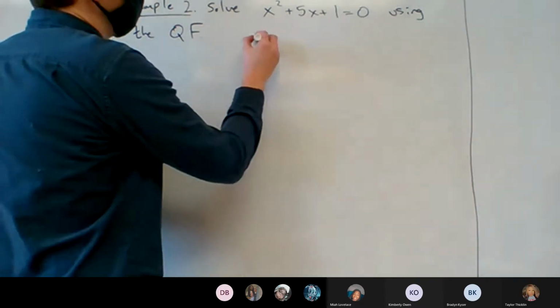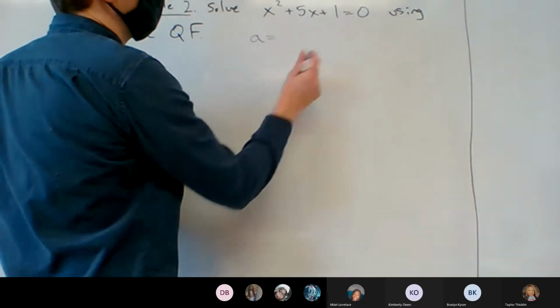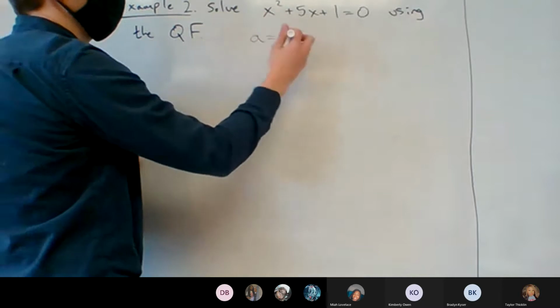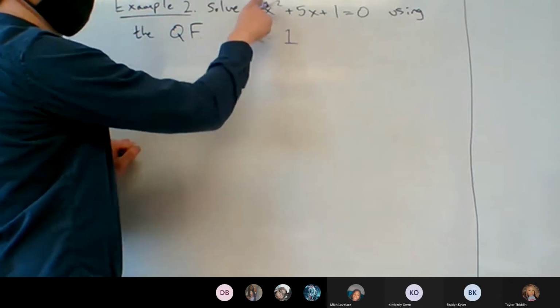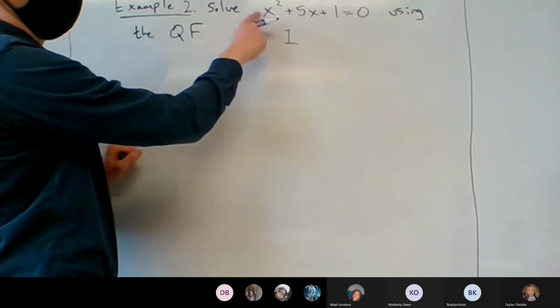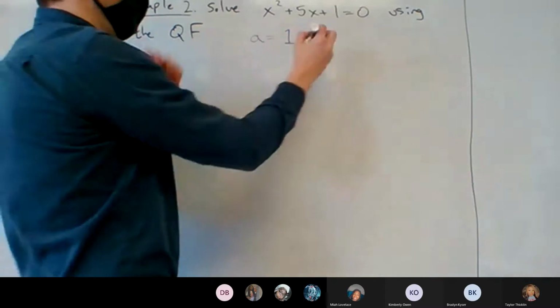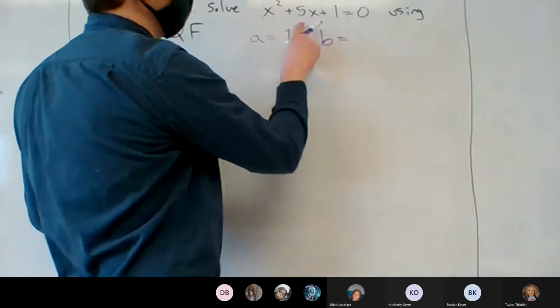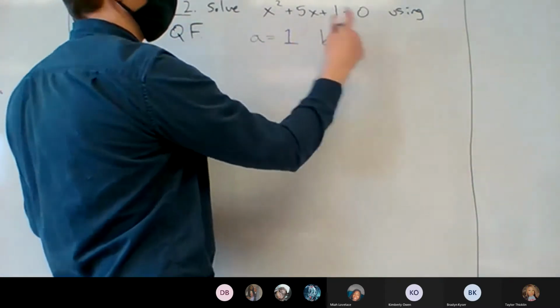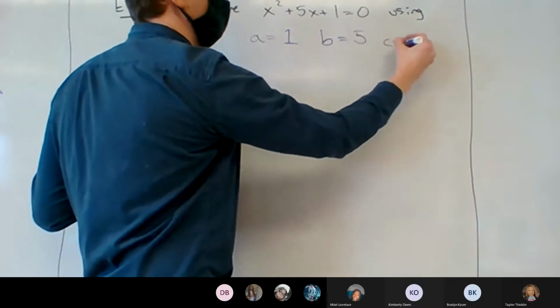All right, how about writing down a, b, and c? A, again, is 1, just like it was last time. If the leading coefficient is not explicitly stated here, it's understood to be a 1. The middle coefficient, that thing attached to the linear term, is 5, and the c is 1.